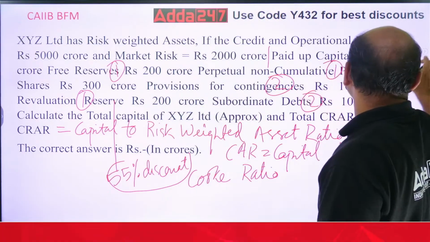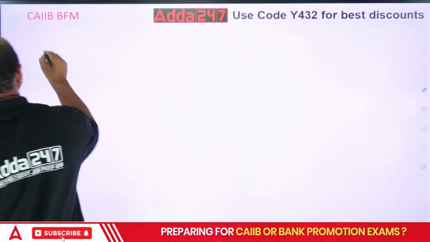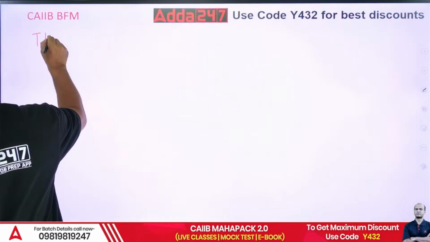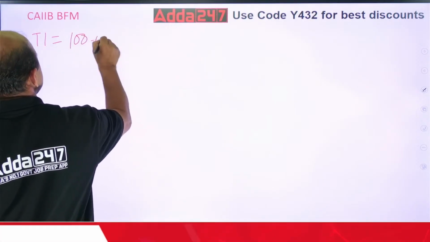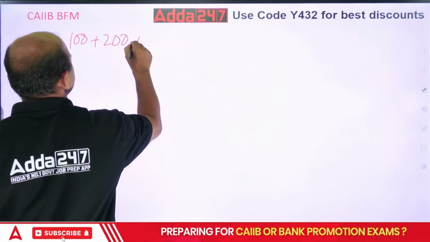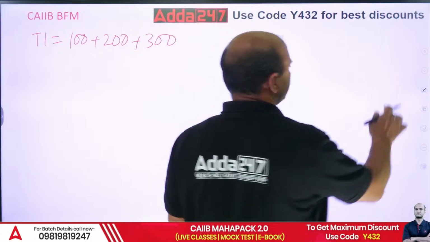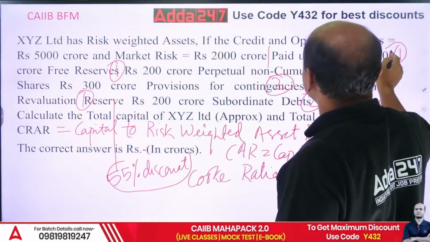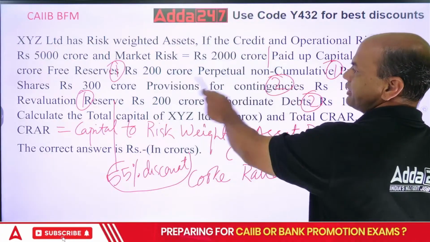That's it. So I'll write it. Tier 1 equals 100 plus 200 plus 300. These 3 I have written. 100 done, 200 done, 300 done.